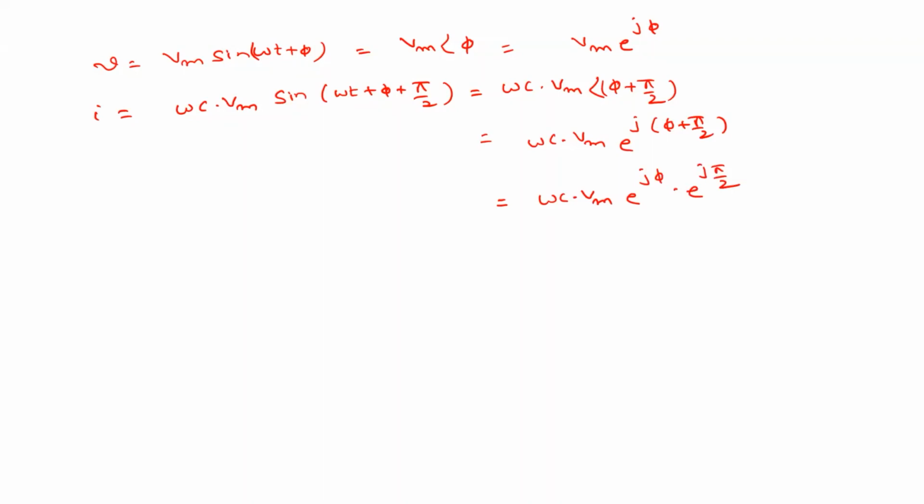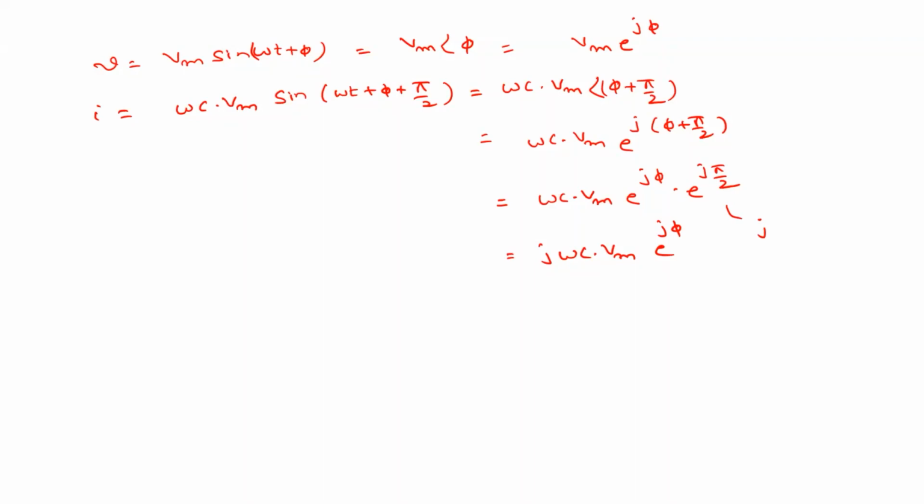What is the value of e to the power of j pi by 2? That is j. So this is j omega C Vm e to the power of j phi.